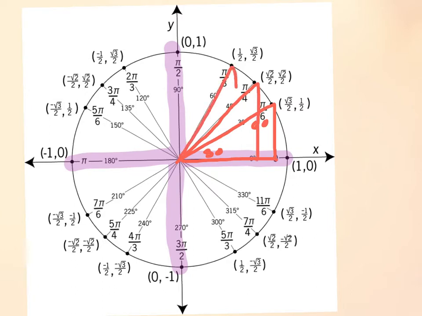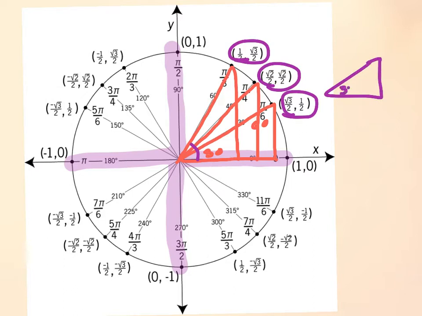And the 30, 60, 90 triangle, where the 60 is down here and the 30 is at the top. So all of these points come from the overlap of a right triangle inside the circle with a hypotenuse of 1. Okay? If you remember your special right triangles, 30, 60, 90 is A, A root 3, and 2A.